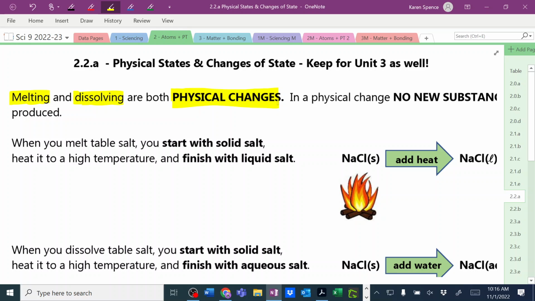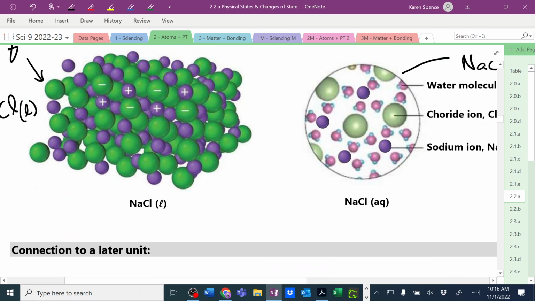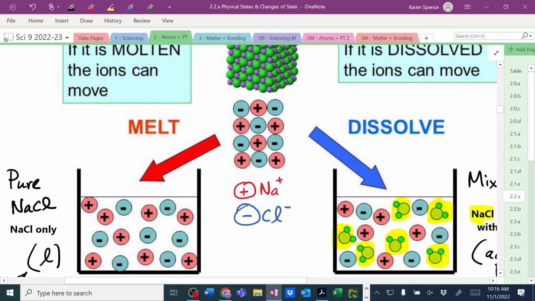If you melt the salt, let's go back and look at our salt. You start with sodium chloride ions, and you finish with sodium chloride ions. You don't have anything new. There's no new combination of things.